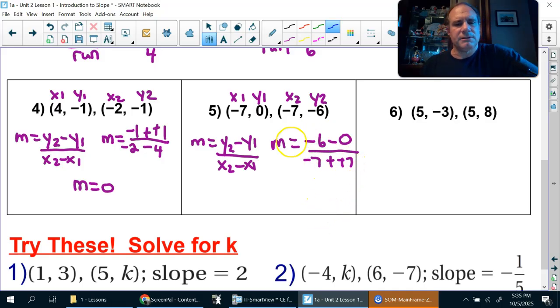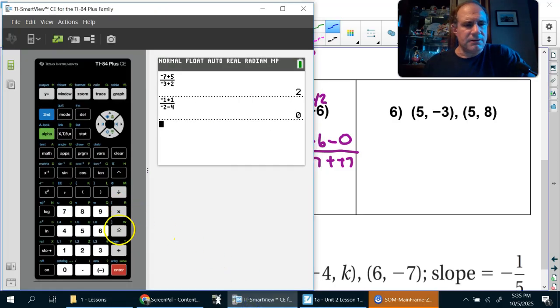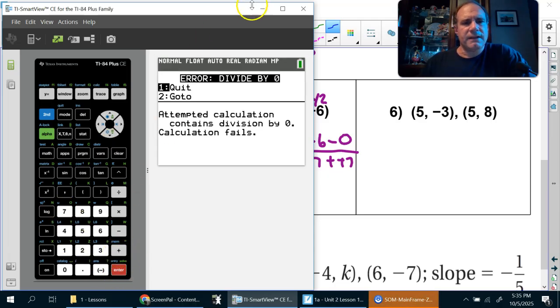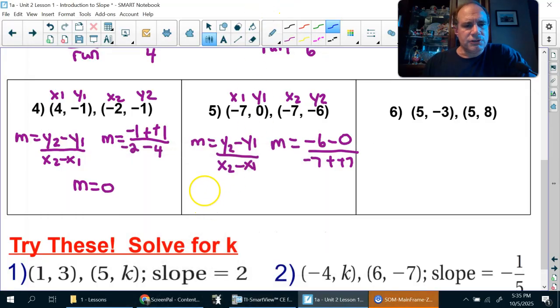Make them plus. So we're going to put that in our calculator. Negative 6 minus 0, and we're going to have negative 7 plus 7. And we're going to have a divide by zero error. So this is undefined.